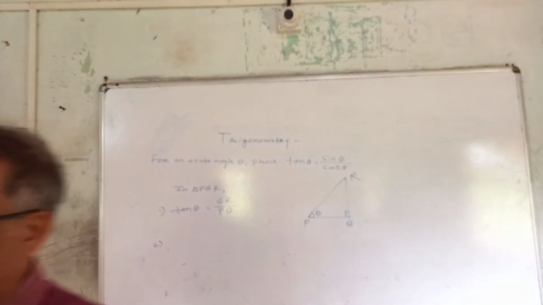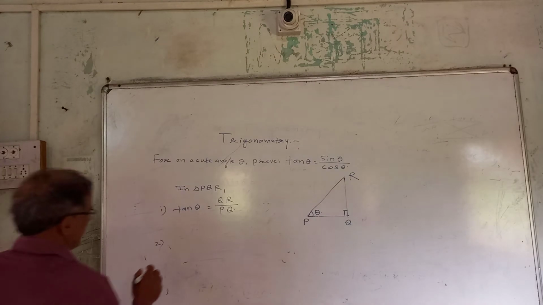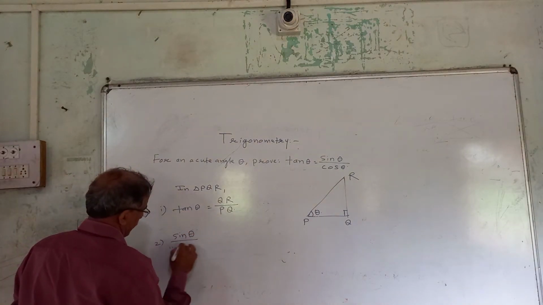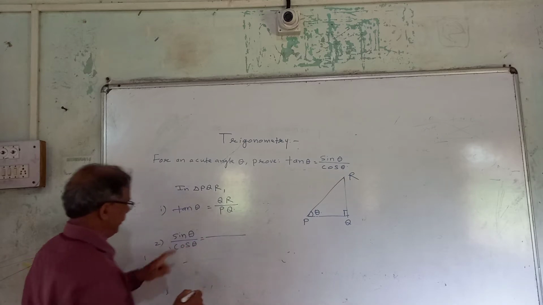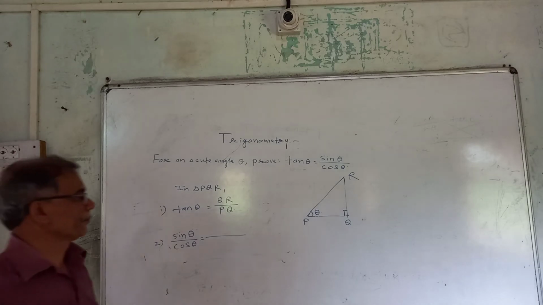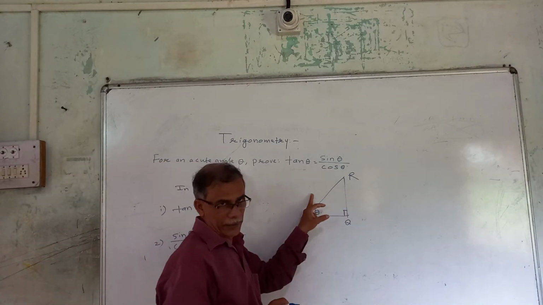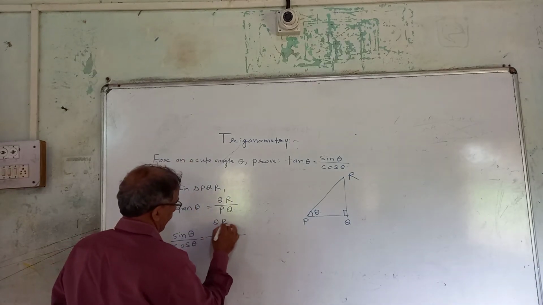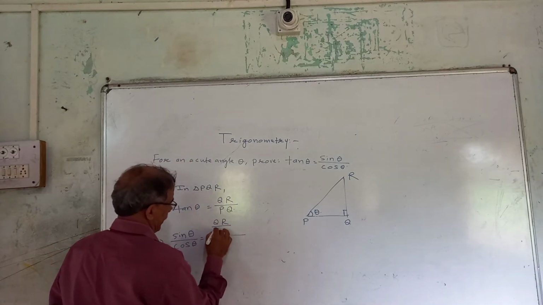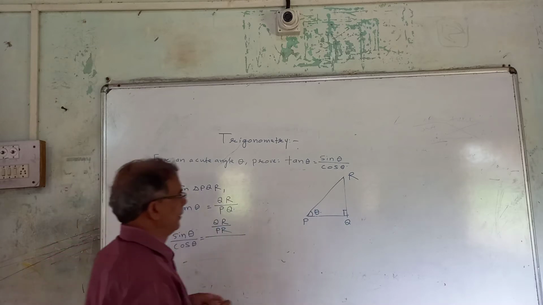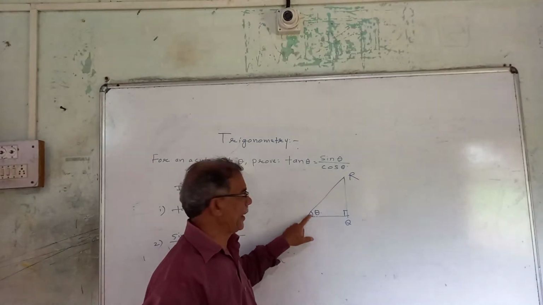Now suppose we want to show that this is equal to sin theta upon cos theta. Let us write the sin theta upon cos theta ratio. See here. Sin theta upon cos theta is equal to, numerator sin theta. Sin means what? It is opposite upon hypotenuse, so it is QR upon hypotenuse PR. Upon cos theta. Cos means which side upon which side?